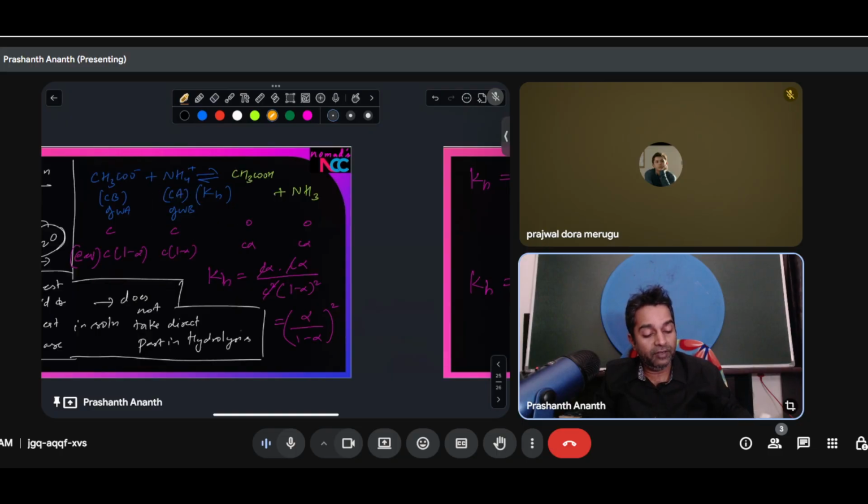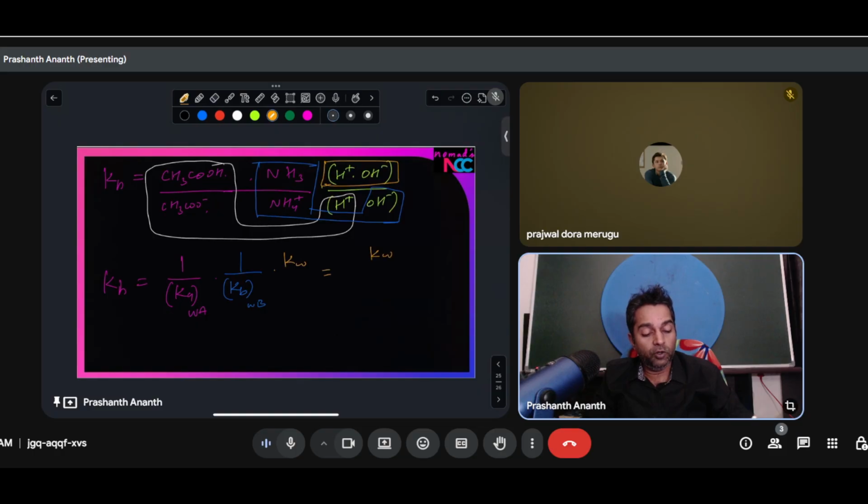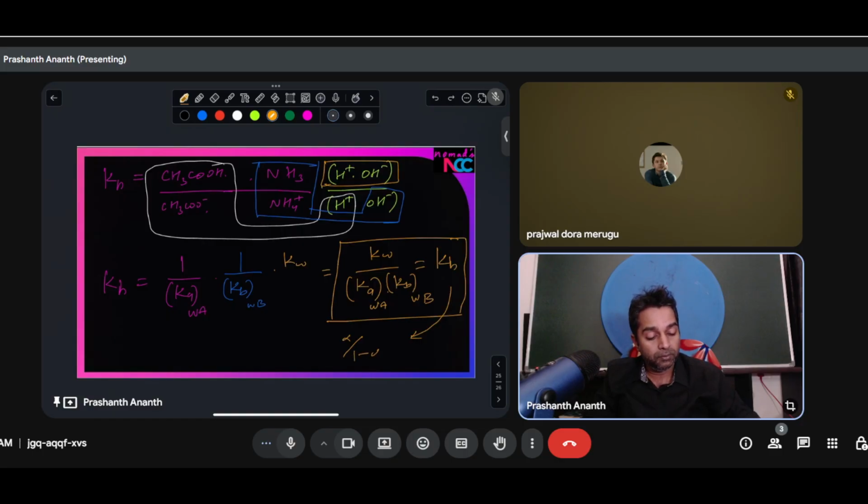So I can now effectively write this as Kw by Ka of weak acid into Kb of weak base. This is going to be my KH of the expression, or the hydrolysis constant for the equilibrium we are considering, which we have also calculated as alpha by 1 minus alpha whole square. Right, so you calculated this, guys, alpha by 1 minus alpha whole square.